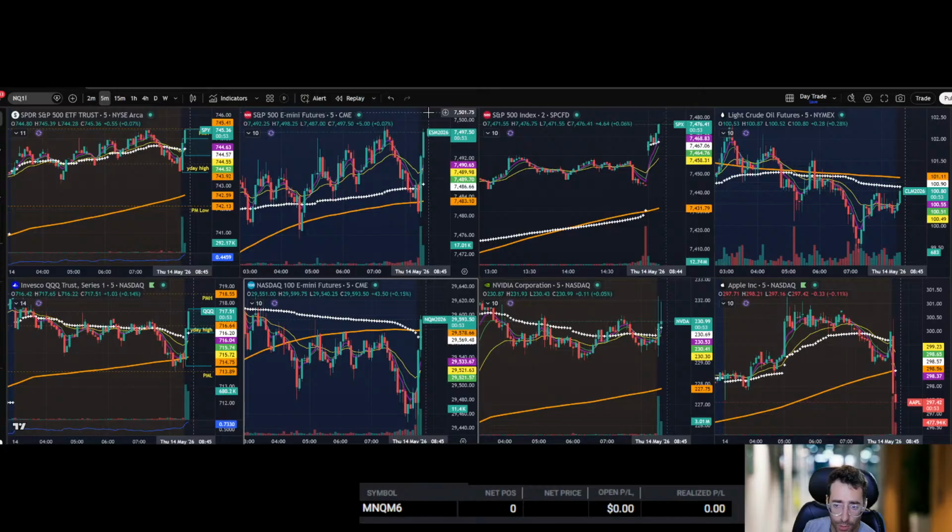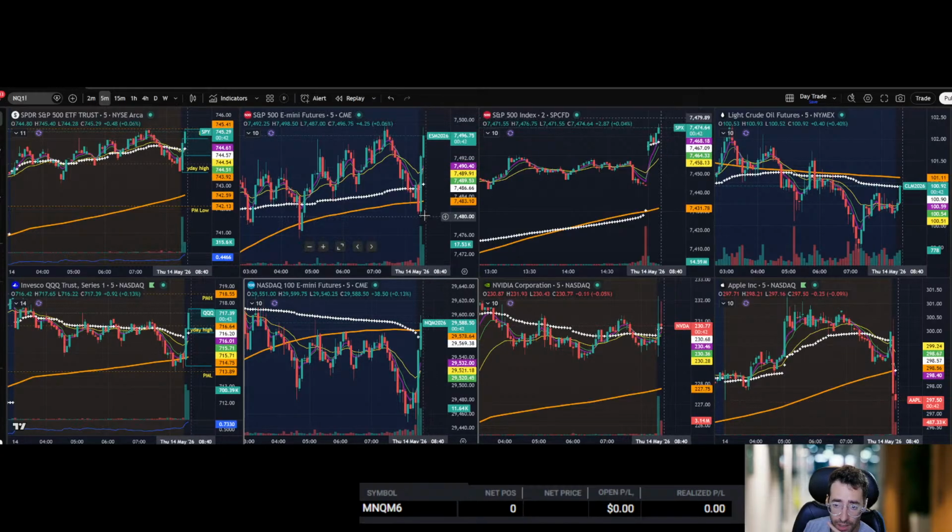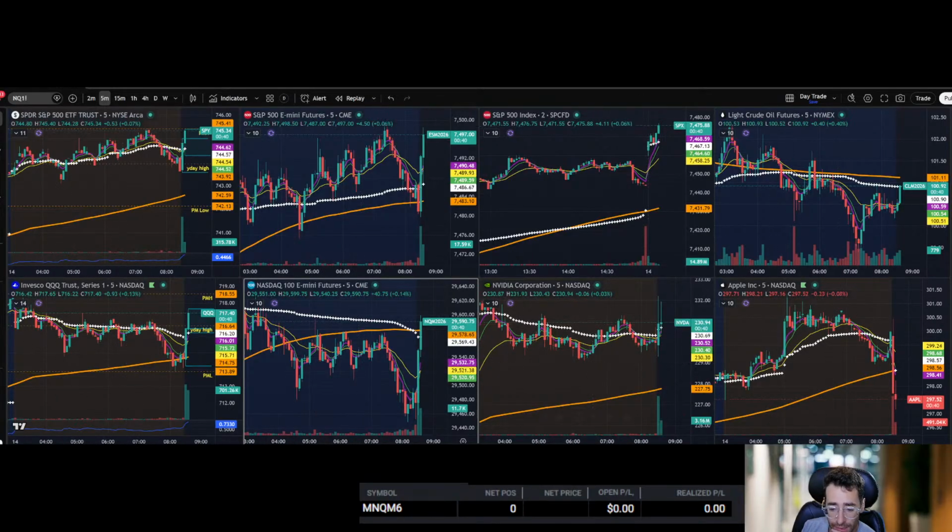They get everyone to go long, to bet that it's going to go up because we broke above it, and then it fails, and then they stop out all the longs, grab all that liquidity, and take it back down. So we'll see. I have my broker open to go short.